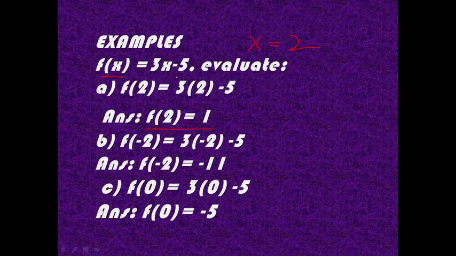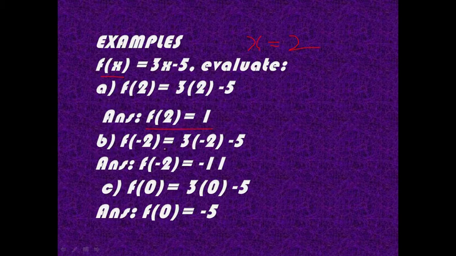Remember, when you have f of 2 or f of x, when any numeric is placed in the question at the same place where the x is, that means x is equal to that number. In simple words.